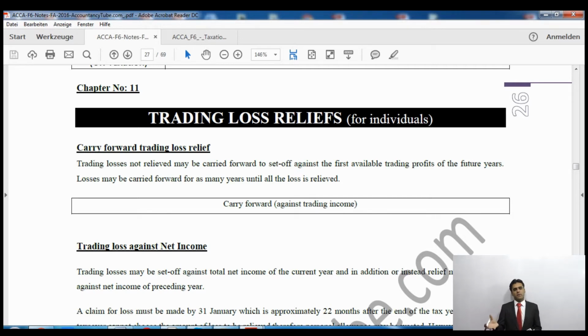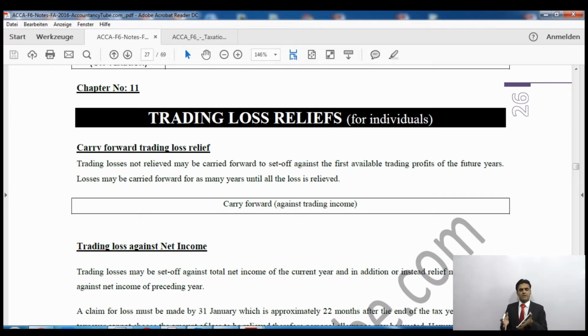So £1,200 profit less the loss which I have this year, whatever the difference is, £200, that will be the one on which we have to pay tax. That is called carry forward trading loss relief, which means that if I have a loss now, I can carry forward that loss until the whole loss is set off against future profits.